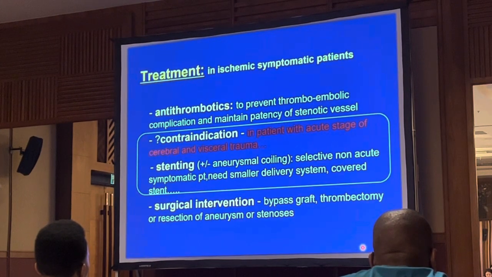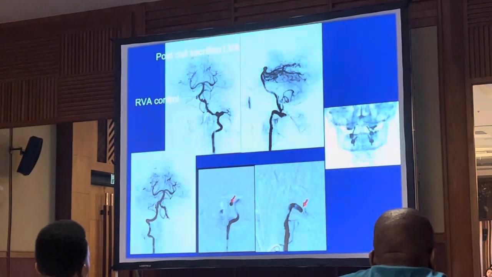So if you want to put a stent and put double antiplatelet, be careful of the bleeding from the other part of the injury. For example, surgical intervention can be one of the discussion.